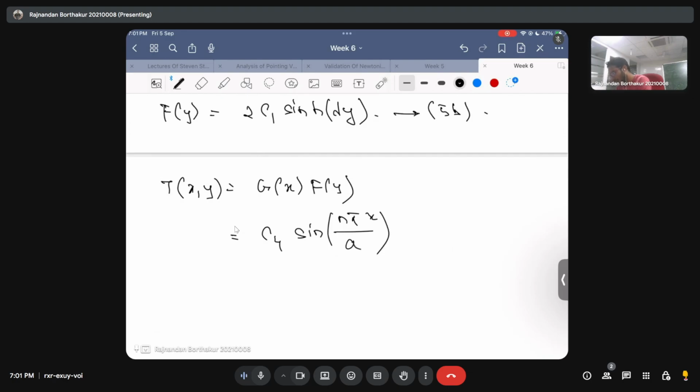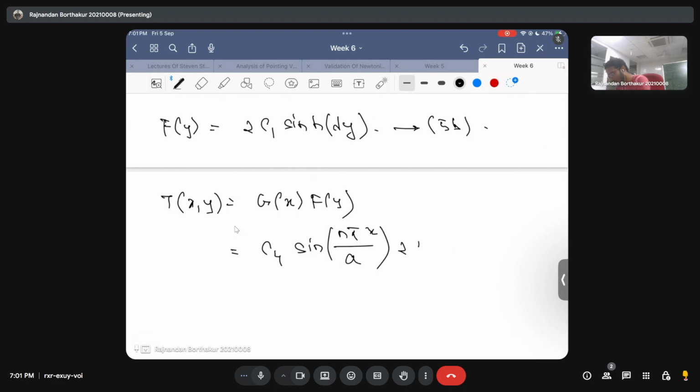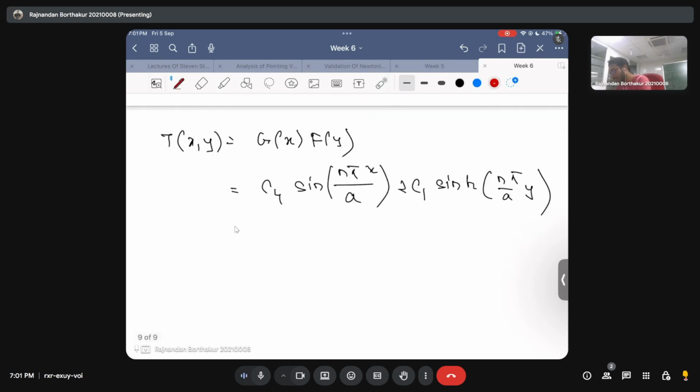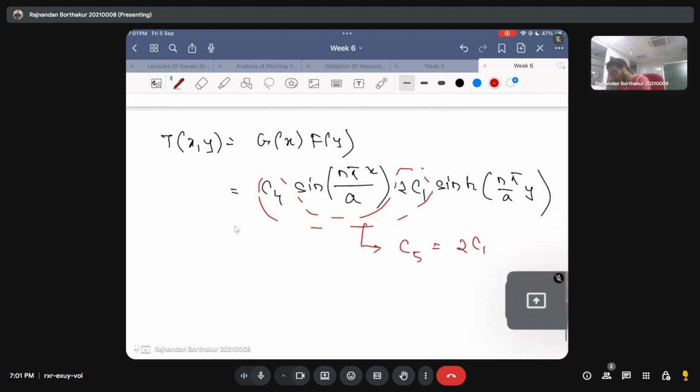And f of y is 2 times c1 times sine hyperbolic lambda, which is n pi by a, times y. These are just arbitrary constants, right? So I'll write these constants as c5, which is equal to 2c1 times c4.